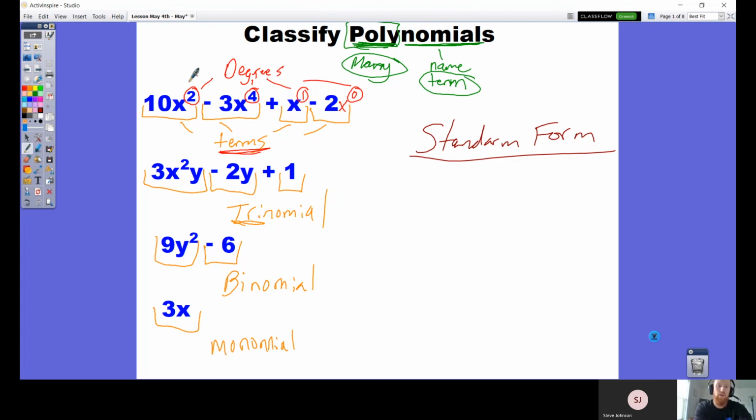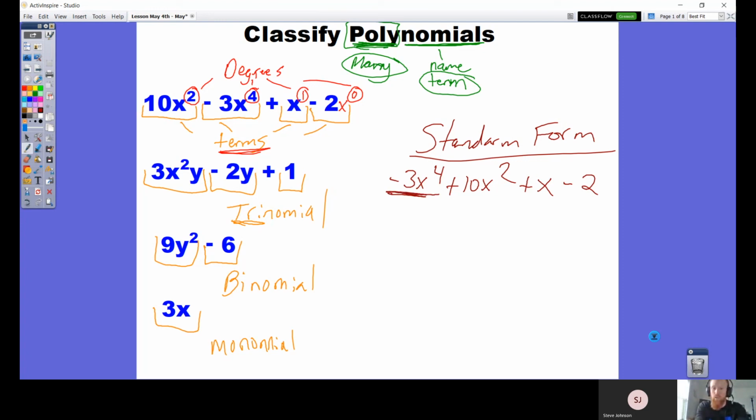So to put this in standard form, meaning we have the highest degree term first, we would want to take the 3x to the 4th first. And then it would be the plus 10x squared. And then it would be the plus x, and we would then finish with our constant. And now this would be in standard form because it has the highest degree term first.